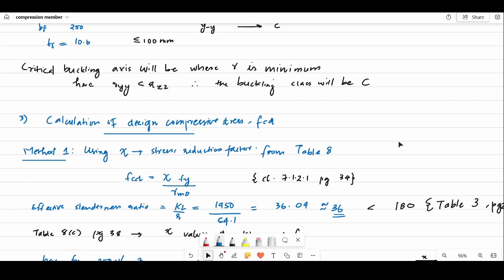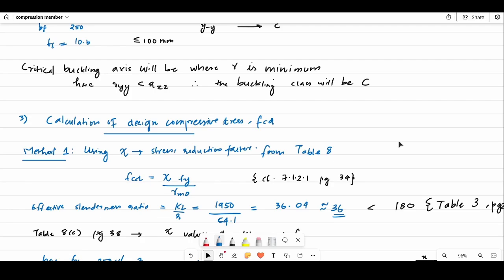Stress reduction factor can be calculated based on the slenderness ratio. Because it is C class, we have to refer to Table 8C on page number 38, where we can find the value of the stress reduction factor based on the yield stress and slenderness ratio.